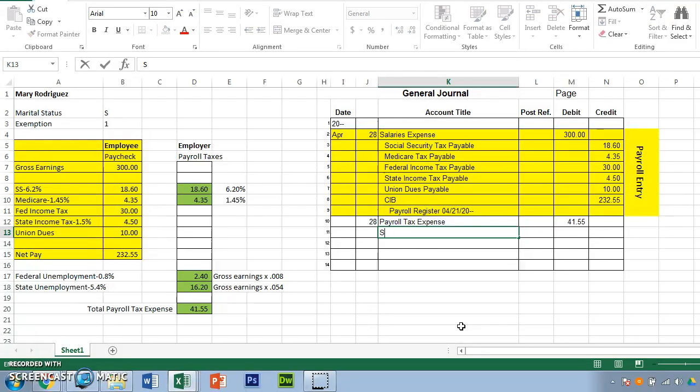So we've got Social Security tax payable, Medicare. Here's where you have to be careful. This is federal unemployment tax payable, and then we have state unemployment tax payable.